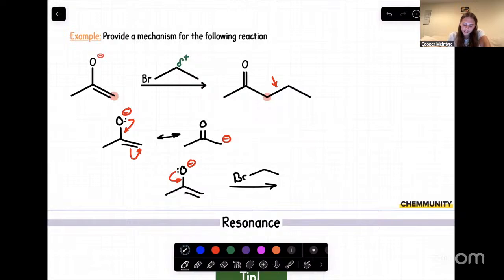And more specifically, they'll be associated with this carbon, and you can think of it as a negative charge on the carbon. So it will attack our electrophilic carbon. And by doing that, remember, whenever we're attacking something with a leaving group, we have to kick out our leaving group. And then from there, we can show our final product. And then there we have it.